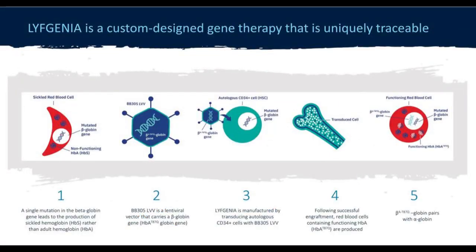Lyfgenia works through injection of a lentiviral gene that contains the missing gene into the body where it can produce proper red blood cells. This gene will edit the mutated beta globin gene by transducing onto other cells.